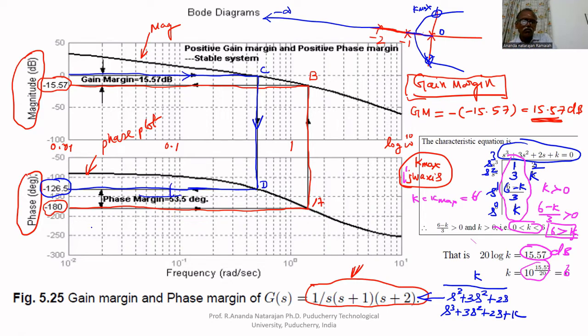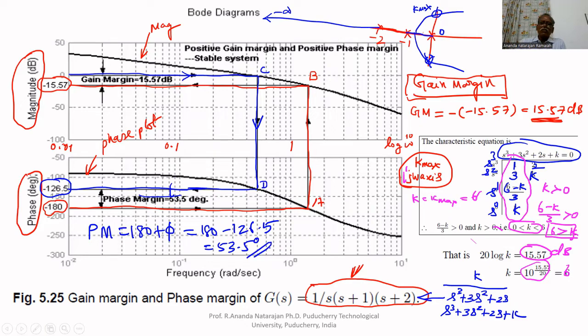Therefore, phase margin equals 180 minus 126.5, that is equal to 53.5 degrees. That is the phase margin.